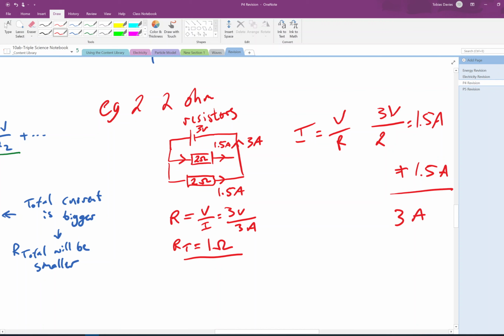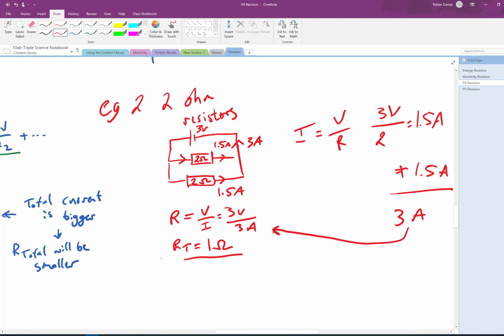So if I want to work out the overall total resistance for both resistors combined, then I've got my 3 volts as my supply voltage divided by my total current, which is 3 amps, and then that gives me 3 over 3, just 1 ohm for a total resistance.